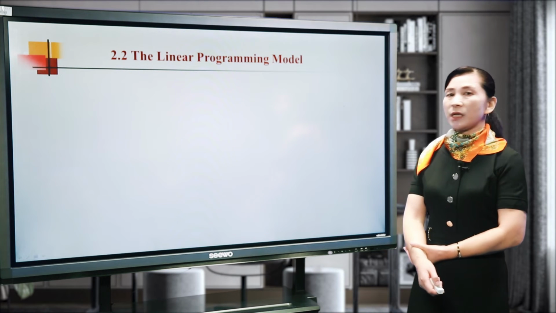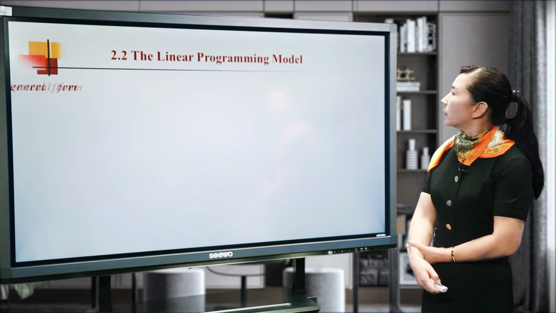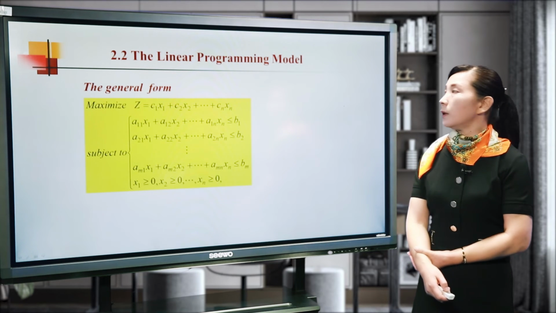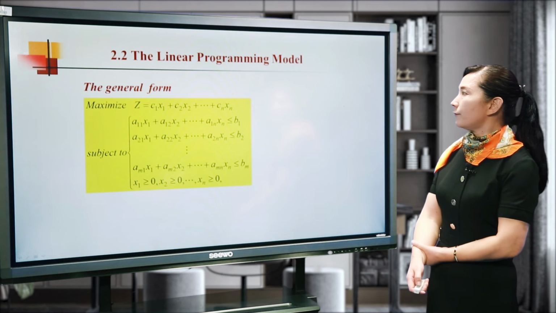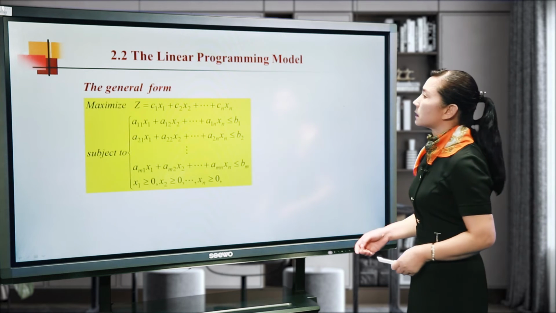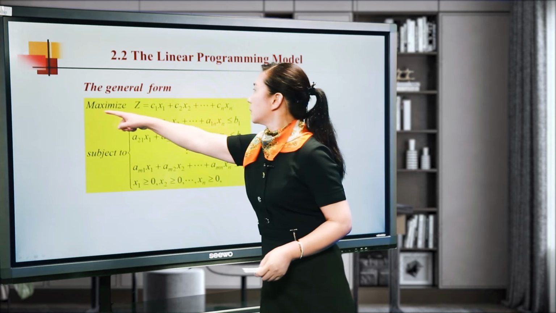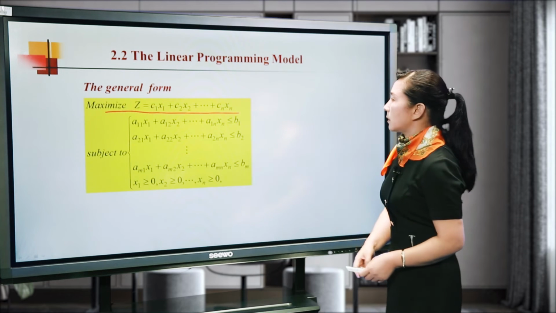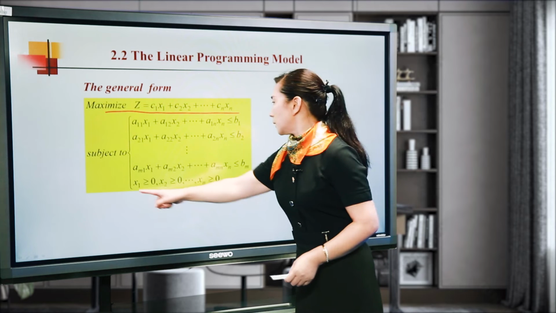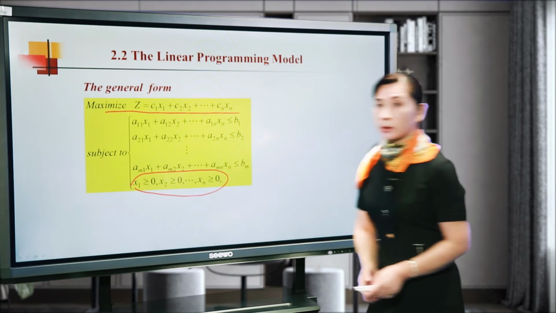Okay, from these examples, we get the general form of LP. The general form of LP includes 3 parts: the objective function, many functional constraints, and the last, nonnegativity constraints.